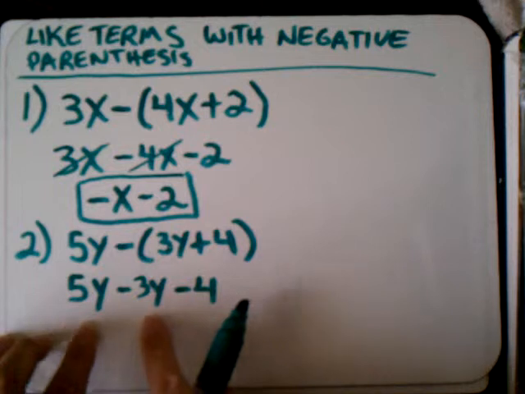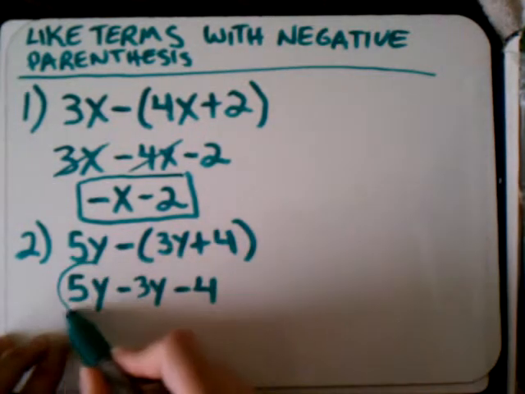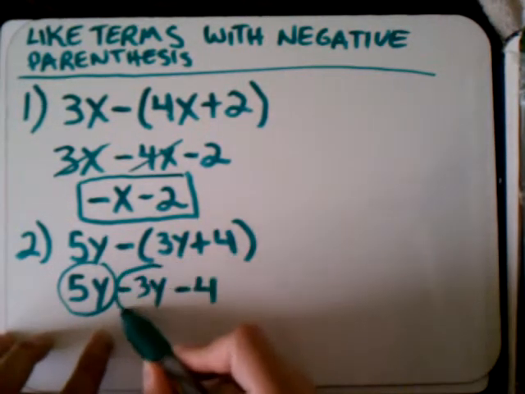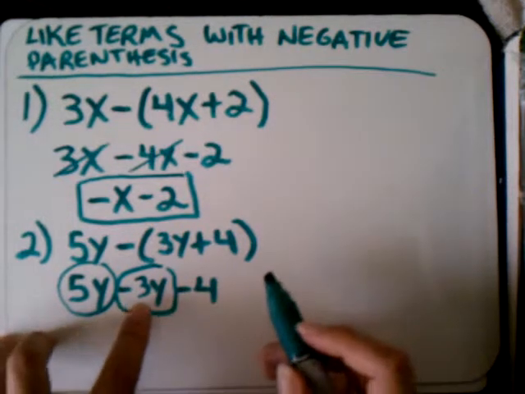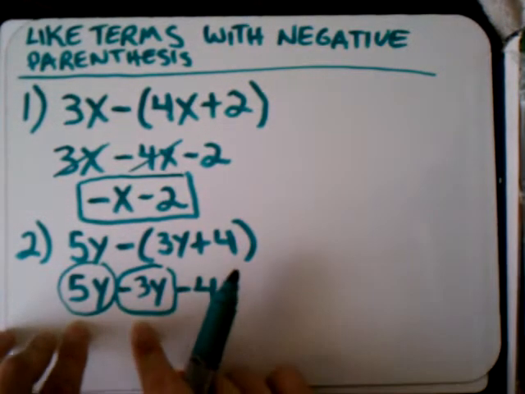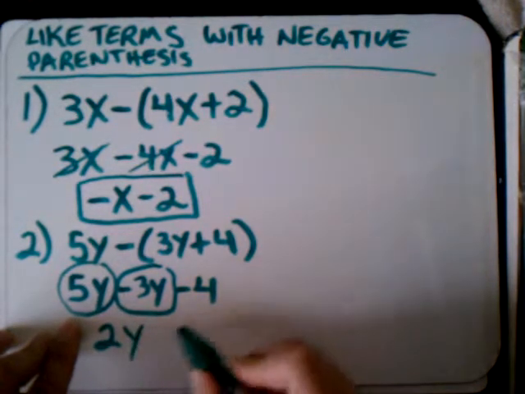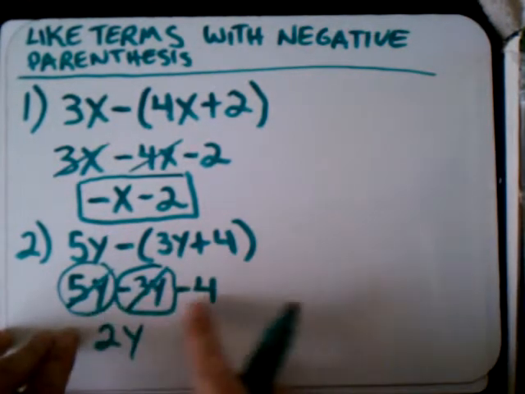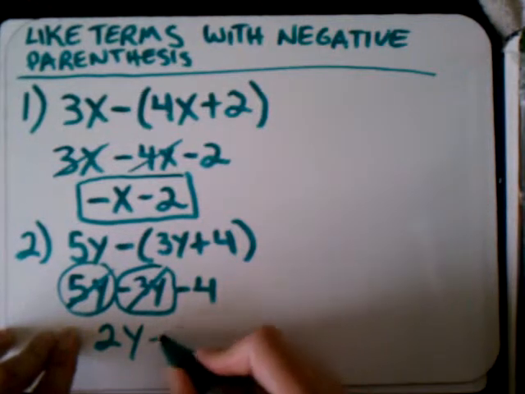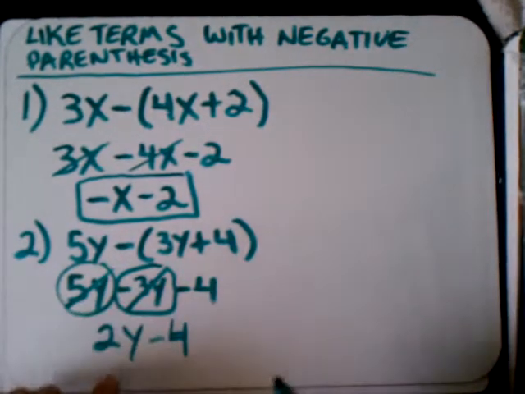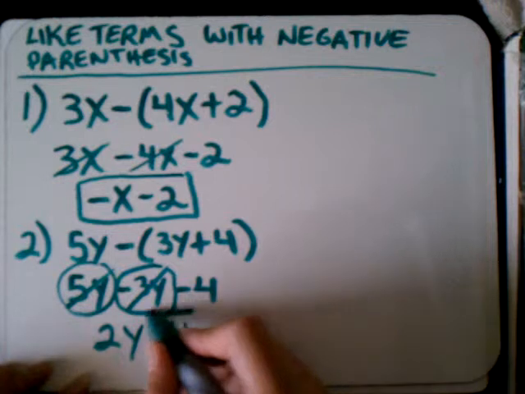Do you have something that you can combine? Yes, I have the 5y and the negative 3y. Combine together, 5 minus 3, 2y. So they're gone. Whatever you have left, minus 4, just put it here. Okay? And you're done.